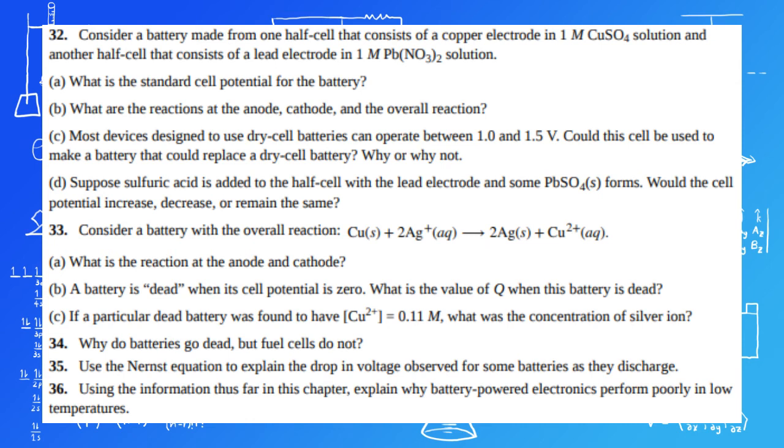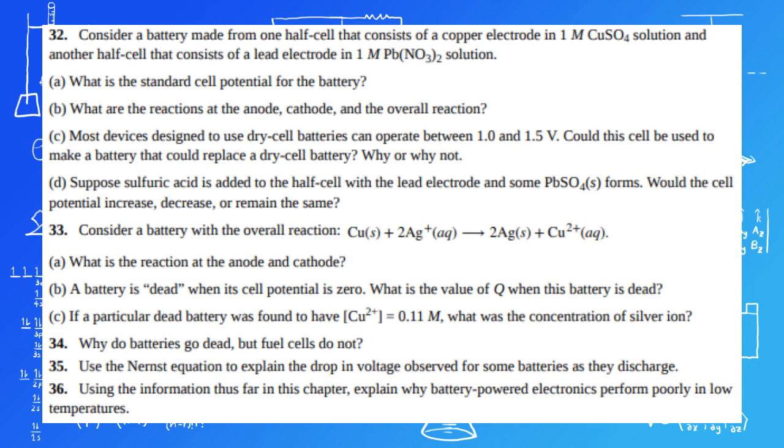They didn't tell us which one's the cathode and which one's the anode, but if the lead is on the reactant side, then decreasing reactant would shift equilibrium to the left. If the lead is on the product side, decreasing the concentration of product would shift your reaction to the right.